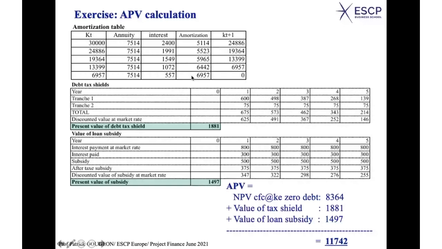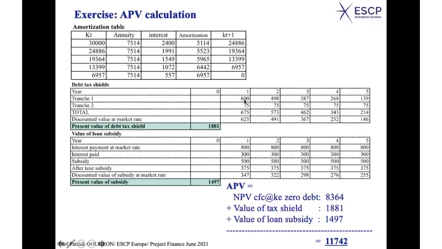Okay? So what is the debt tax shield? For the tranche 1, you have the interest here. The interest is, for instance, 2,400. So 2,400, if you have a tax rate of 25%, it means that the tax shield is 600.